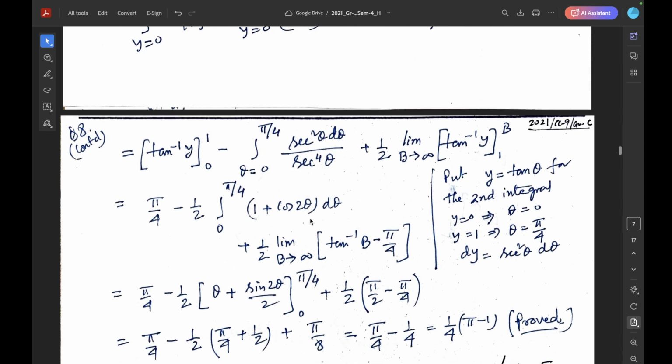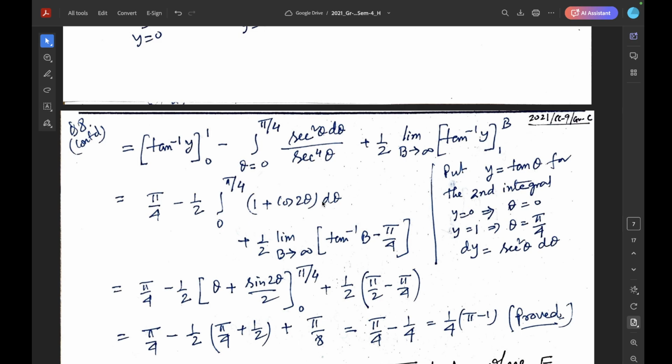So this we can write as 1 plus cos 2 theta d theta, which is half, limit b tends to infinity, tan inverse b minus pi by 4, tan inverse 1.